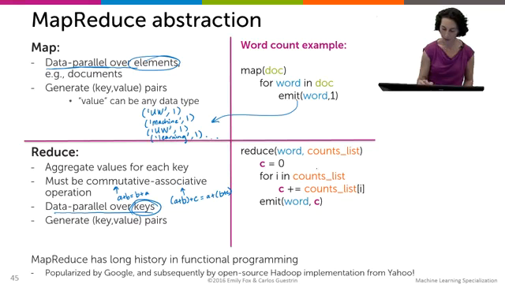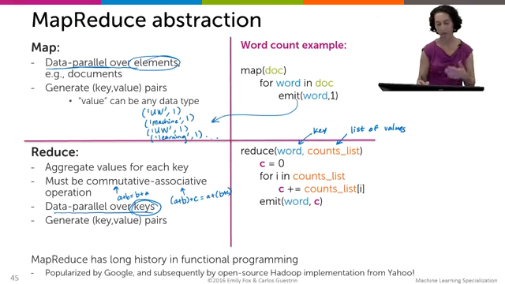So let's go through the reduce example for word counting. Here, what we're going to do is we're just going to initialize our counts of a given word to be 0. So the reducer takes in the specific key as well as a list of values. So maybe I'll write this here. So this is the key, and this is a list of values. And what we're going to do is for every value in this list, we're going to increment our count by that value.